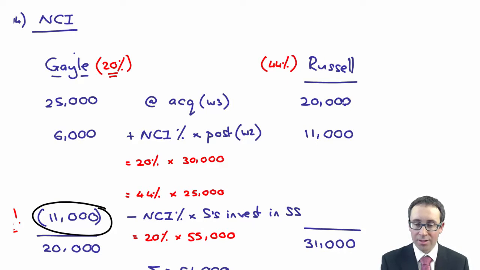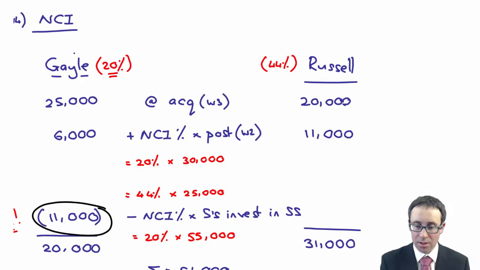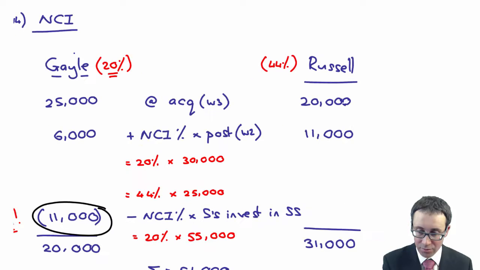If we look at the NCI, 25 and 20. 20% of 30 is 6. 20% of 55 is 11, so 31, plus 20, so that's 51,000. It all seems pretty right.